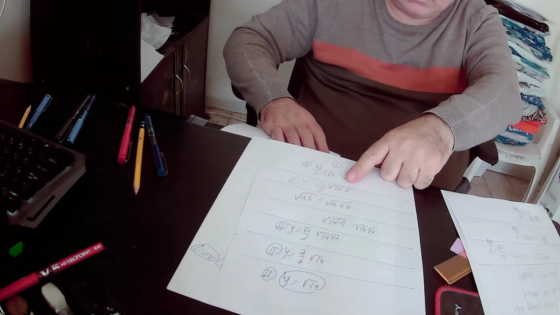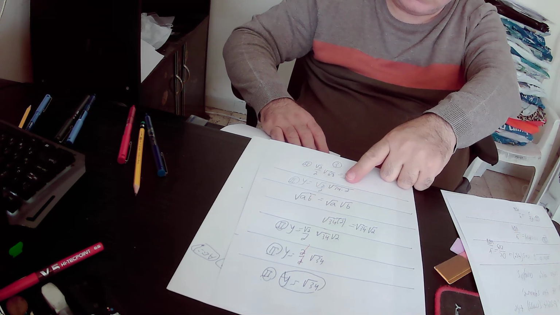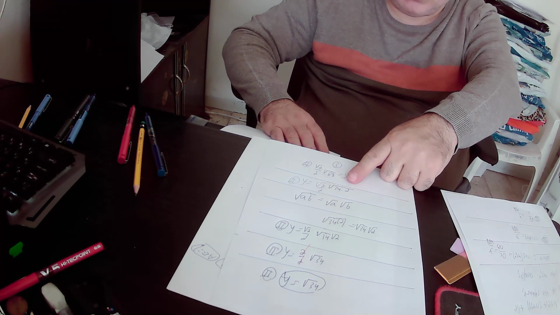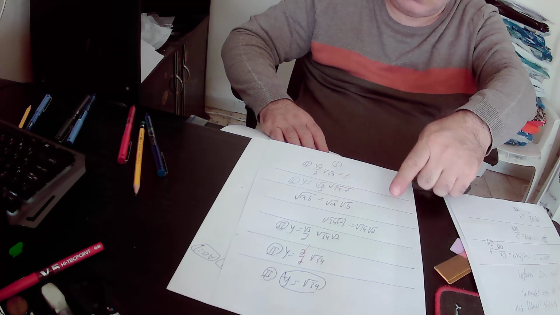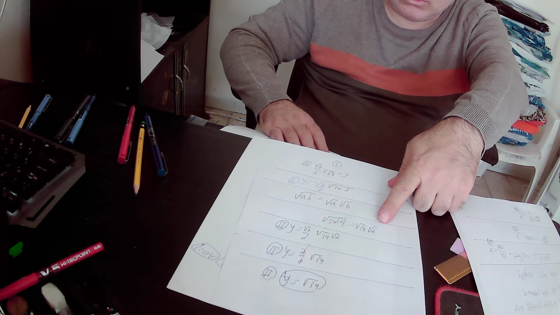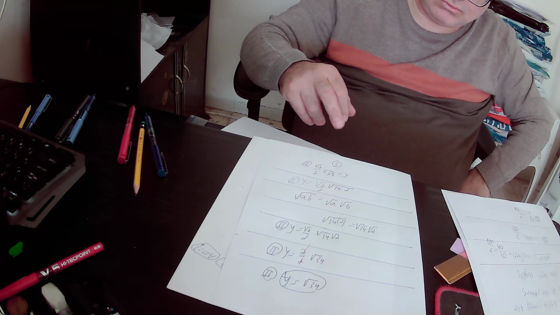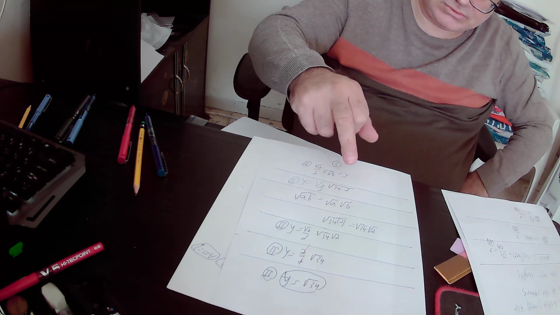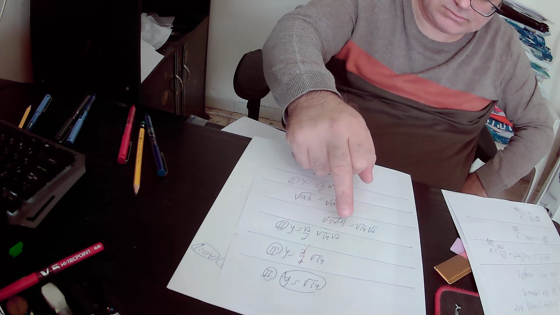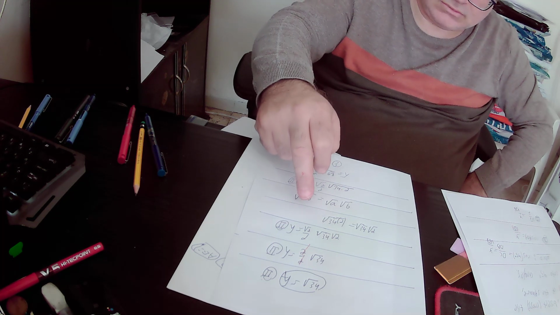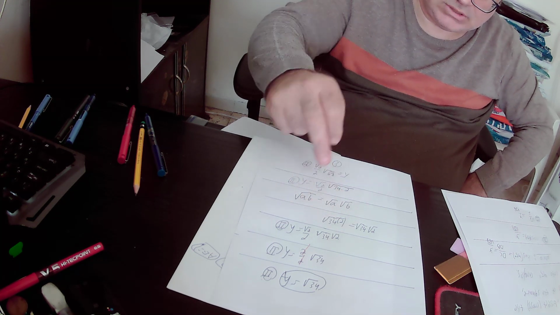Therefore, we can substitute square root of 34 times 2 by square root of 34 times square root of 2 according to this rule, and we got that y equals this expression.